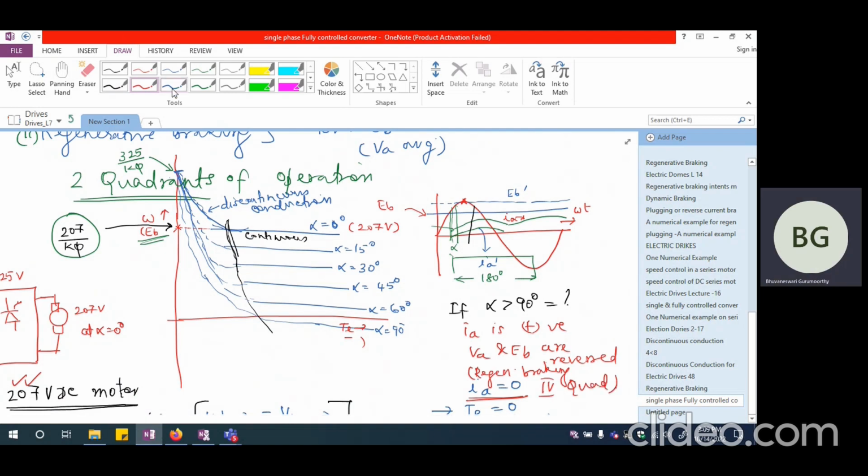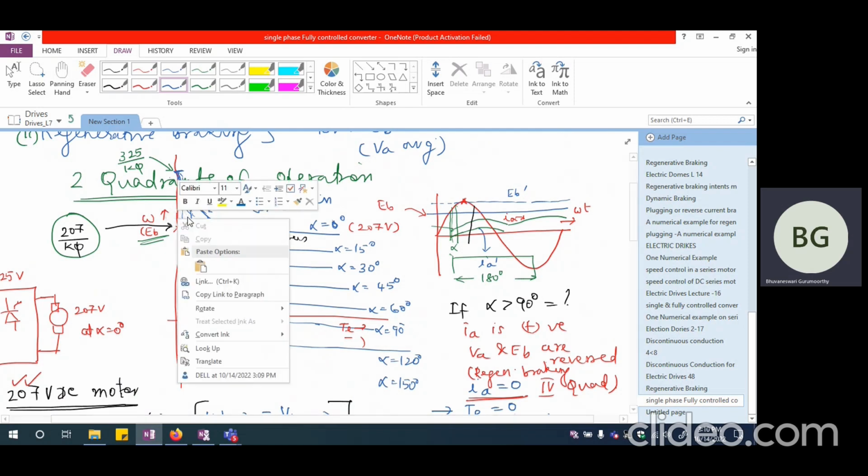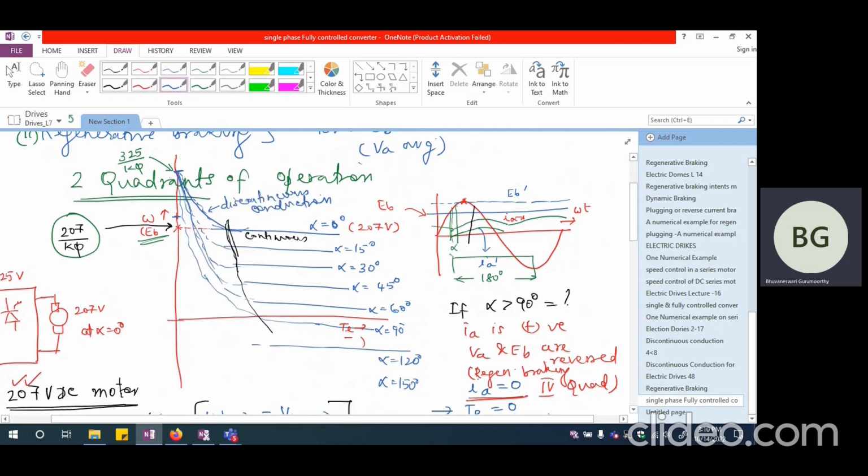So if I draw one more characteristic corresponding to 120 degrees, and I'm going to have alpha equal to 150 degrees. So Vm sine 120 is going to be 0.866 times Vm. So we will have 0.866. So this is Vm, so 0.866 might lie somewhere here.